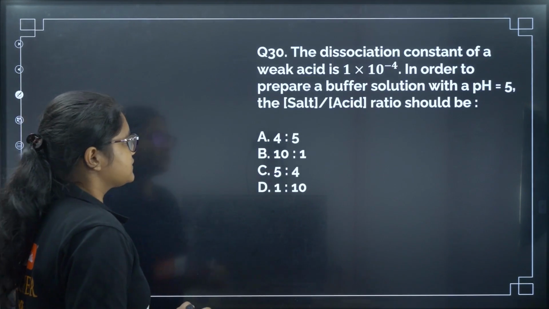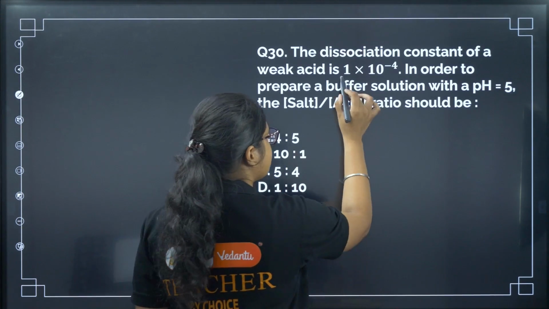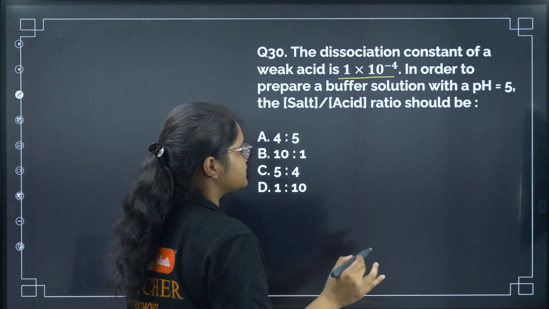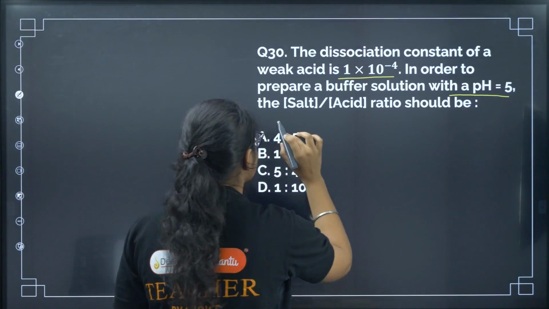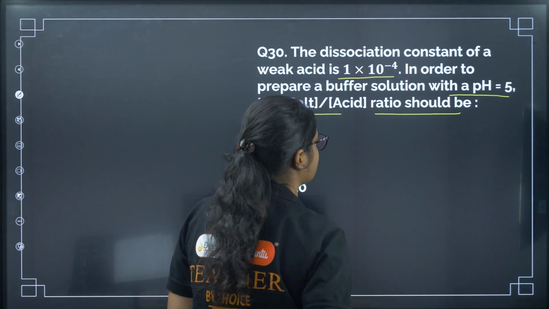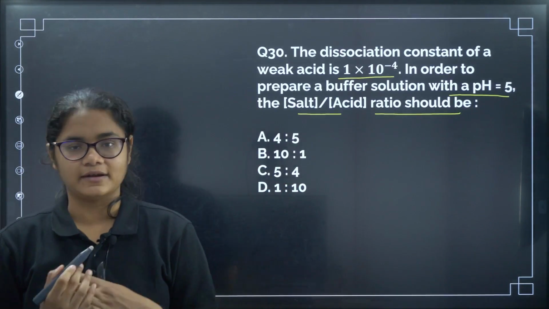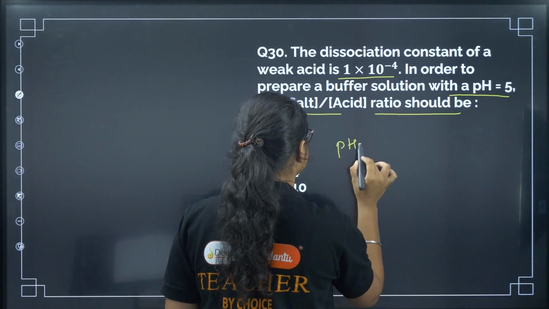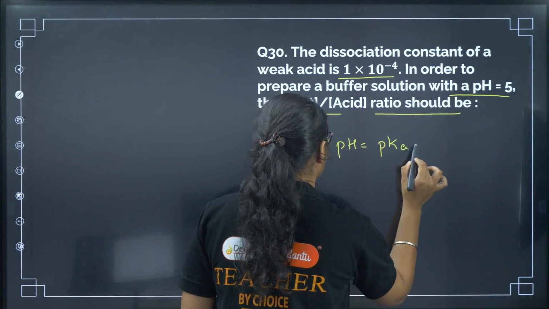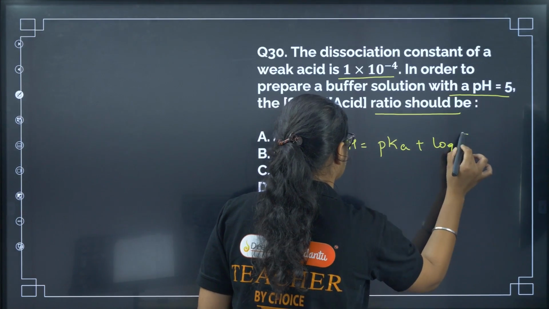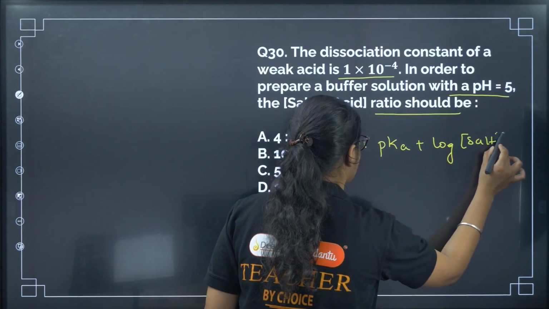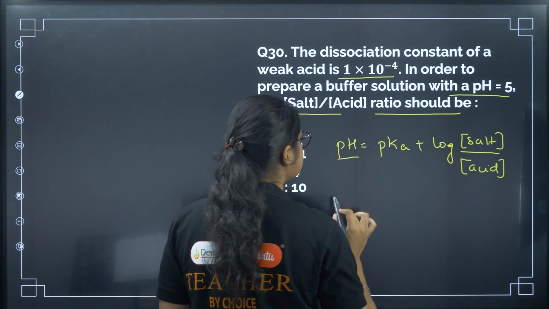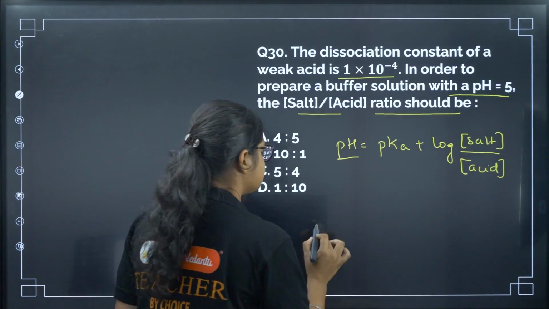Now let us see the last question. The dissociation constant of a weak acid is 1 into 10 to the power of minus 4. In order to prepare a buffer solution with pH 5, the salt to acid ratio should be equal to? So this is a very easy question, again from the Henderson equation, acidic buffer. pH is equal to pKa plus log of salt concentration by acid concentration. The pH given is 5.